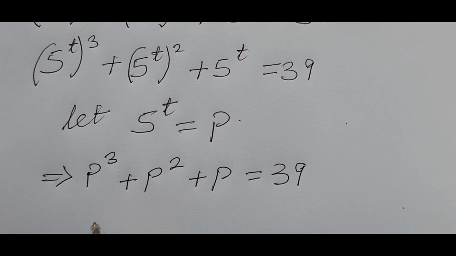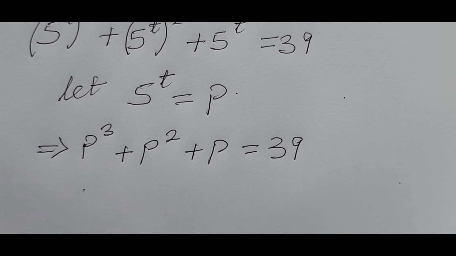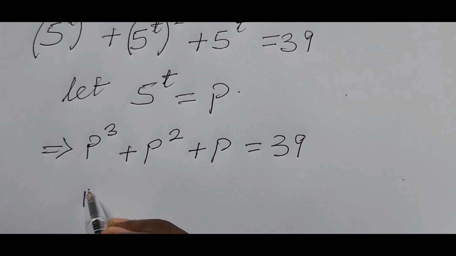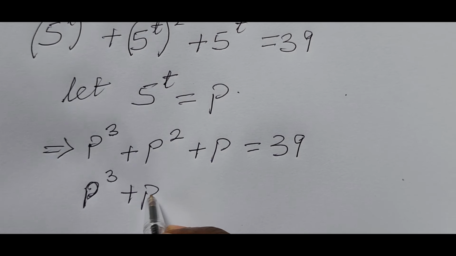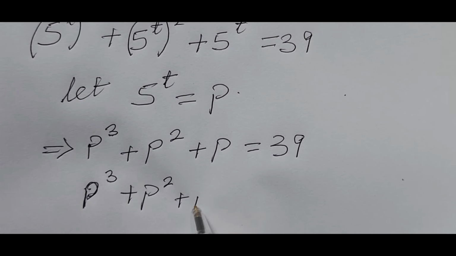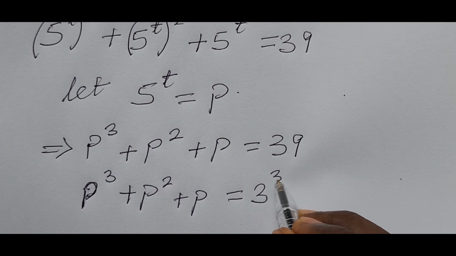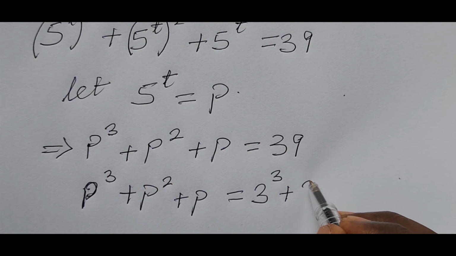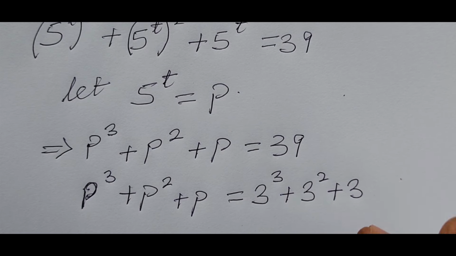So let's go ahead and rewrite that: p to the power of 3 plus p to the power of 2 plus p to the power of 1 equals 3 to the power of 3 plus 3 to the power of 2 plus 3 to the power of 1.